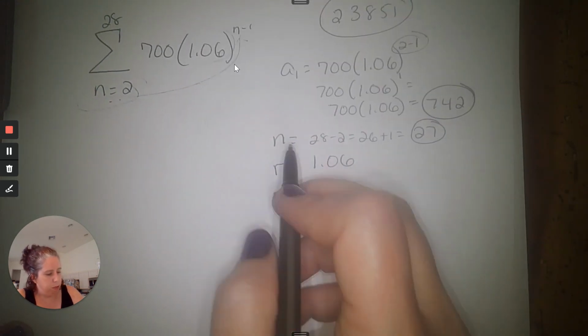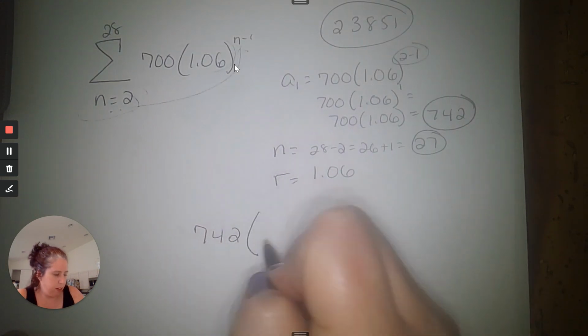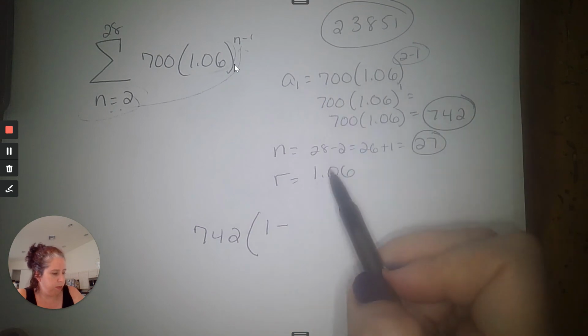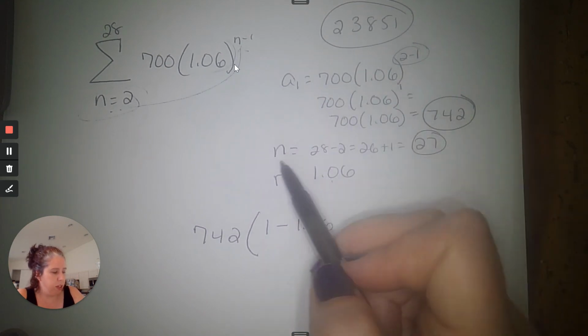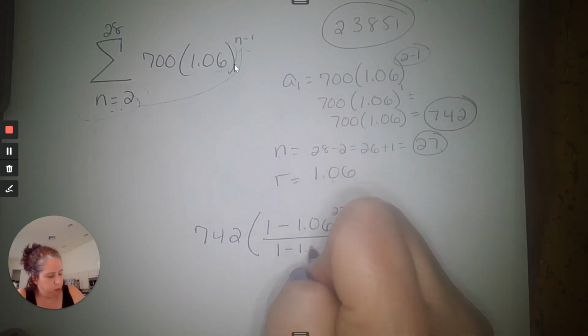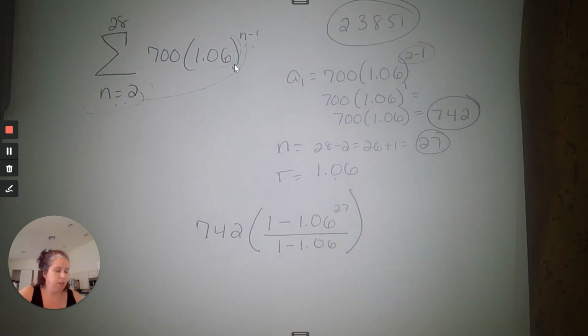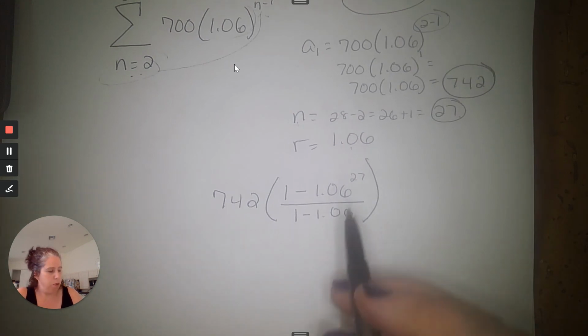All right, so let's plug it in. So we need A1, which is 742, times 1 minus R. Okay, so 1.06 raised to the n power, so that's 27, and divided by 1 minus 1.06. Okay, so go ahead, give it a shot, plug it into your calculator, see if you can come up with the answer. So remember, you're going to do this first.